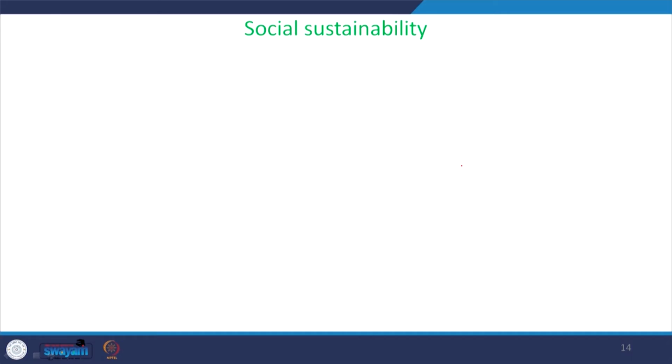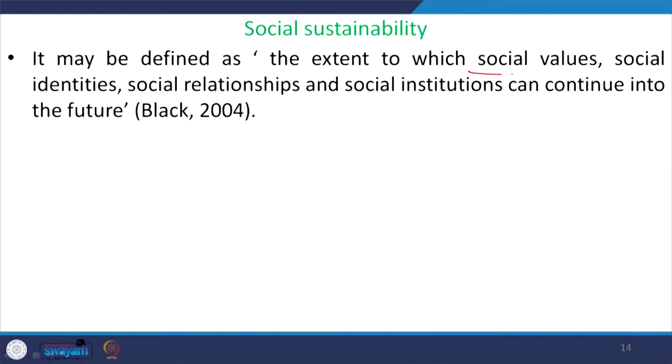And again, we need to talk about social sustainability. This is the third pillar of sustainability itself. How are we understanding this social sustainability? Here the societal values, the societal identities, the societal relationships or the institutions that exist in the society must continue for the future as well.